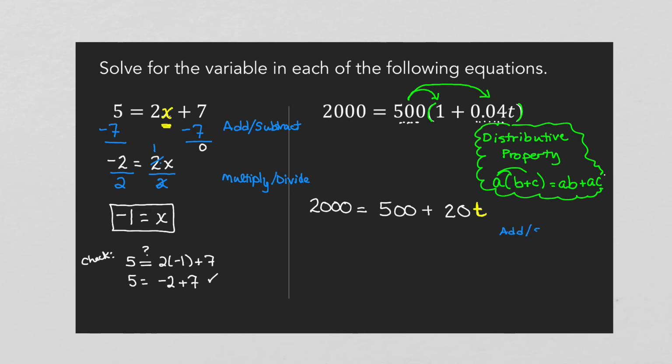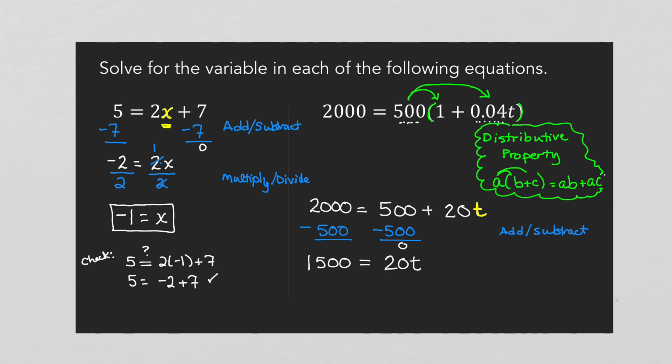So we get rid of anything that's being added or subtracted from that variable expression. 500 plus 20t. 500 is being added, so I want to remove the 500 by subtracting 500 from both sides of my equation. On the left side, I have 2,000 minus 500, which is 1,500. On the right side, I have 0 plus 20t, which is just 20t.